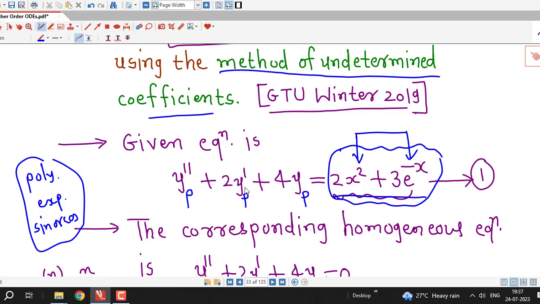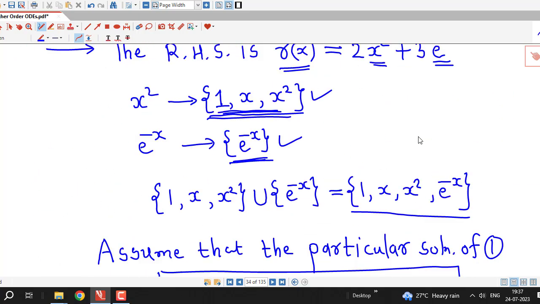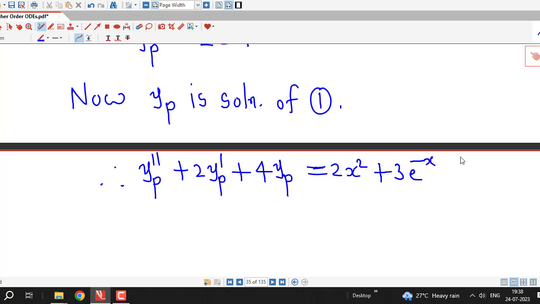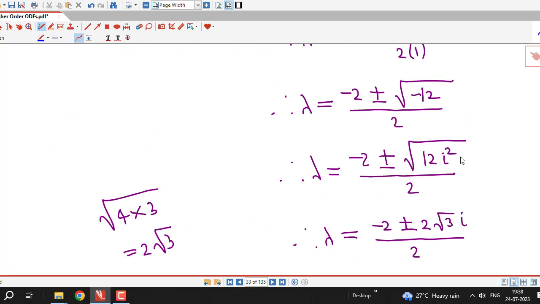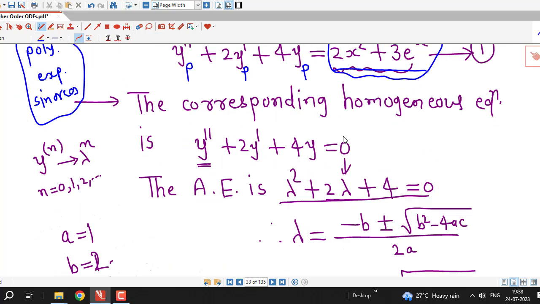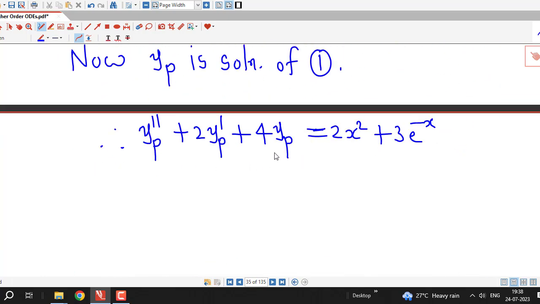So I will have y_p'' + 2y_p' + 4y_p = 2x² + 3e^(-x). Let me check again. Our equation is y'' + 2y' + 4y = 2x² + 3e^(-x). So this is fine, we have written it correctly.